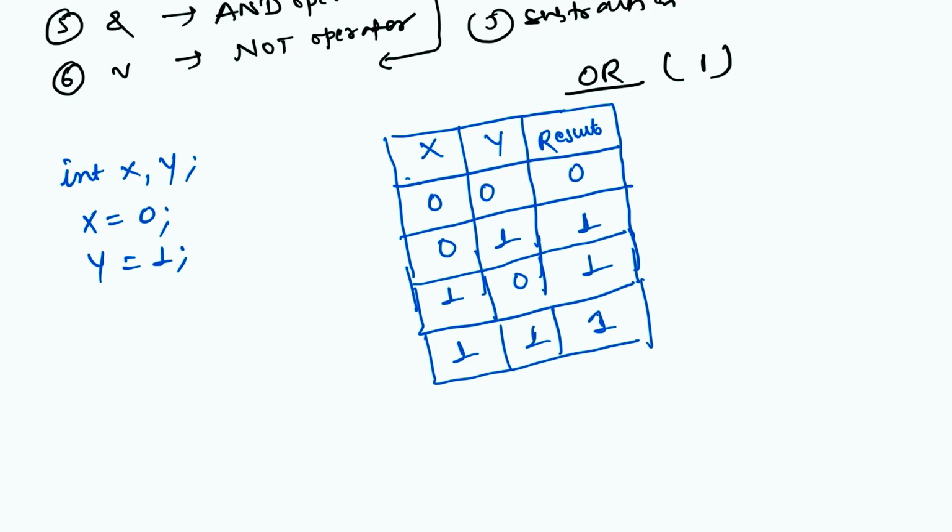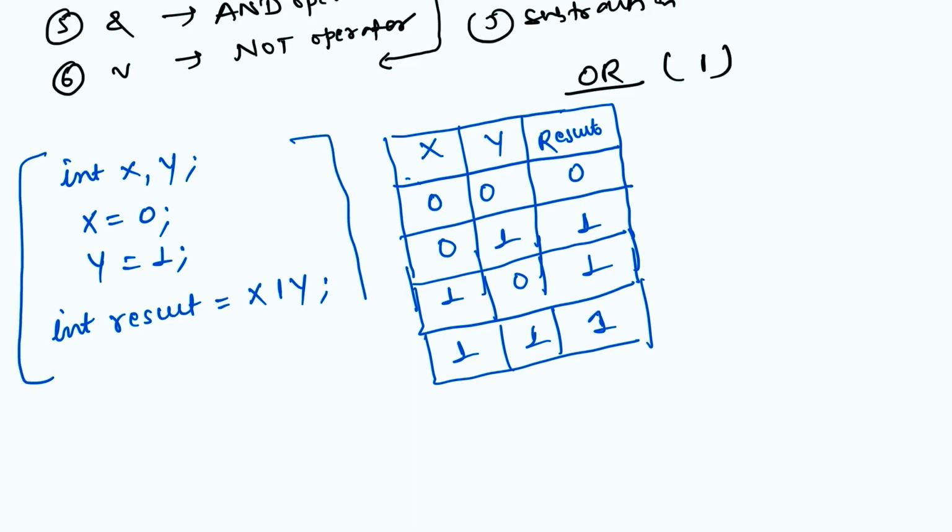And if I want the result, then I will use int result is equal to x or y. So basically you can do it this way to get the result. This is for x is 0 and y is 1. You can do the same way for 0 0 and 1 1 also.